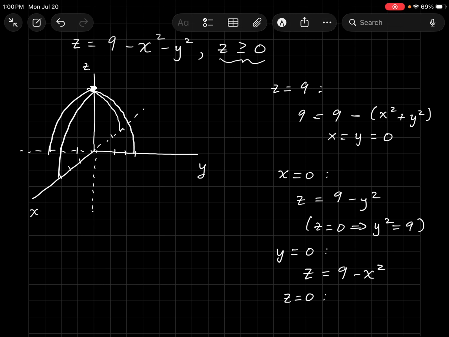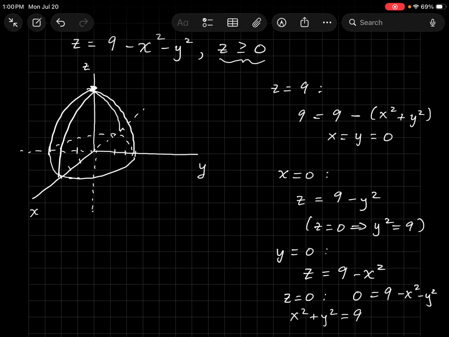Now, I already know what it's going to look like in the xy plane, but just in case you weren't sure, we're going to let z equals 0, and that's going to give us the equation 0 equals 9 minus x squared minus y squared, or similarly, x squared plus y squared equals 9. So in the xy plane, we have a circle centered at the origin whose radius is 3.